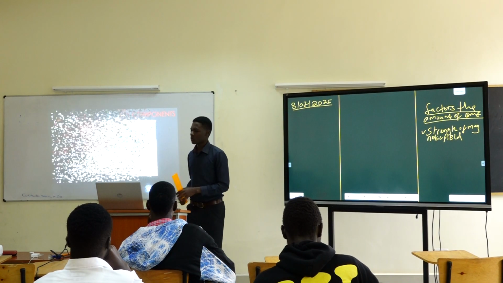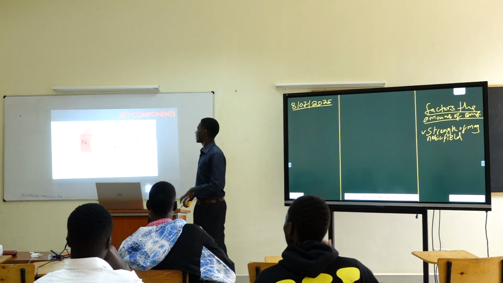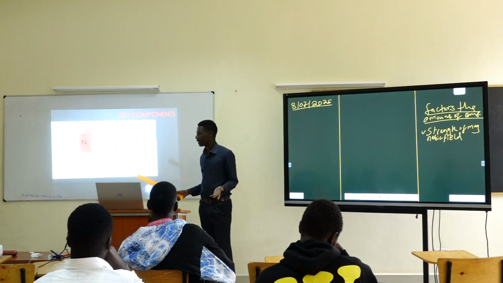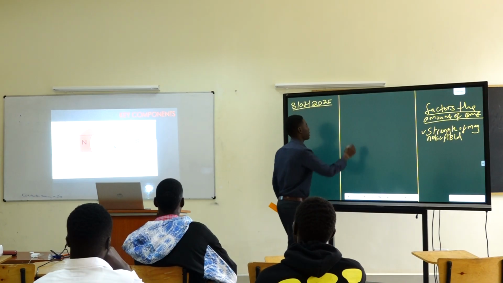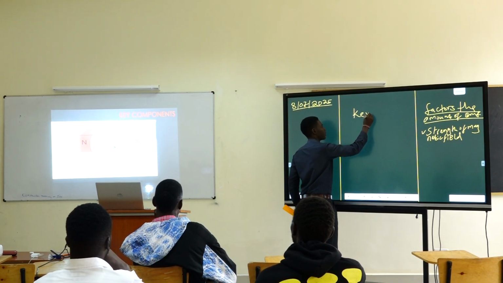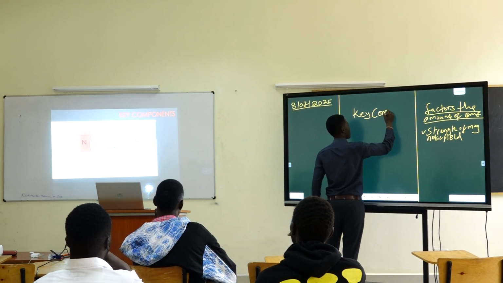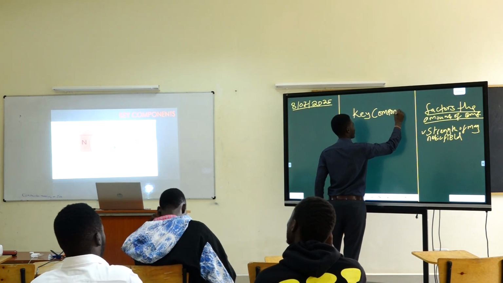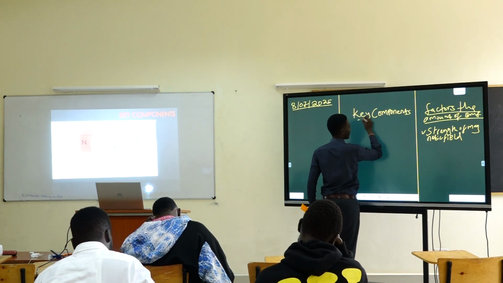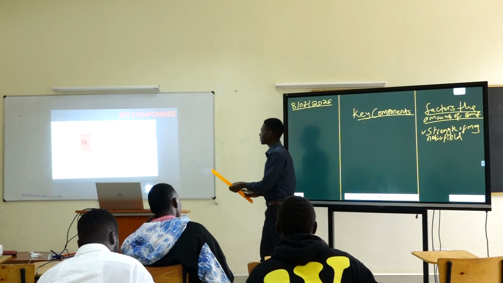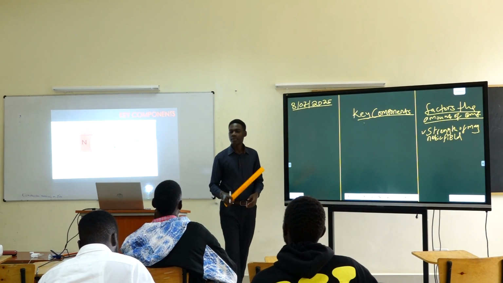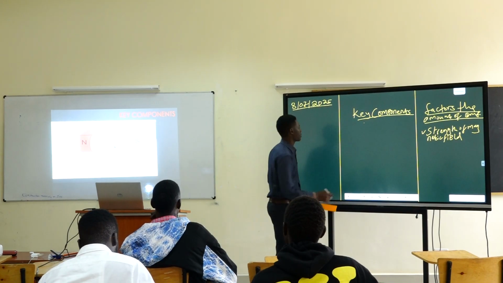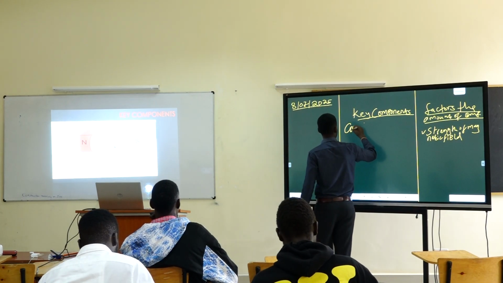Let us look at the key components in our diagram. What are some of the key components that you can see? You just look with your eyes, you see, you name. Yes, we have the commutator.